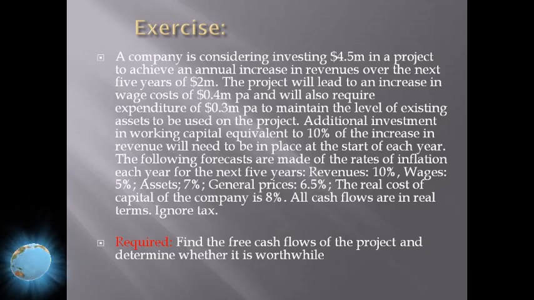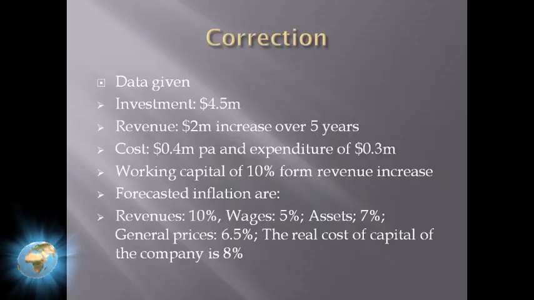The investment is $4.5 million. Revenue is 2 million, which is going to increase over the 5 years, as the question said. Cost is 0.4 million per year, which we are going to incur each year, and expenditure is 0.3 to maintain the assets.